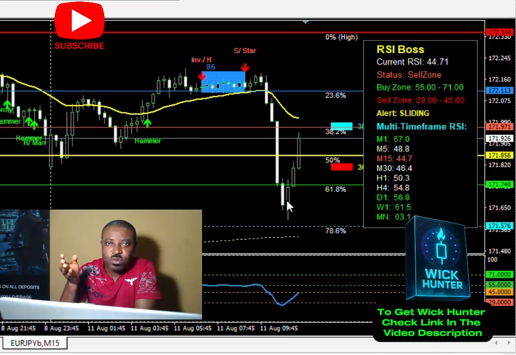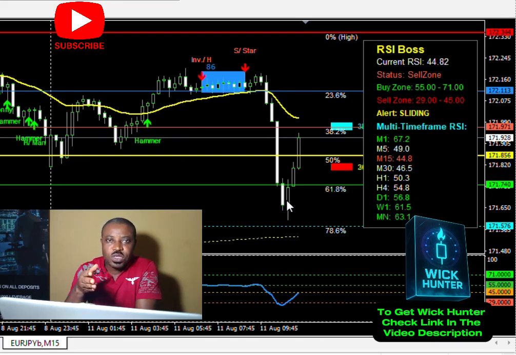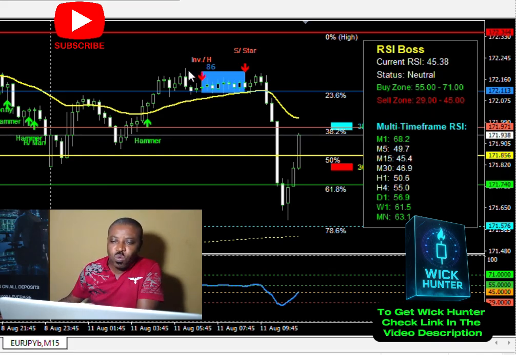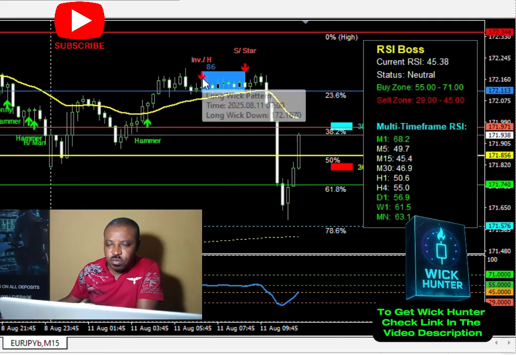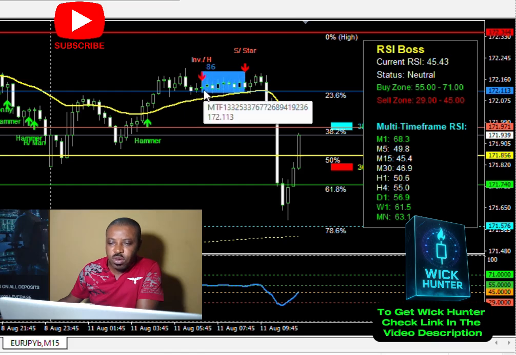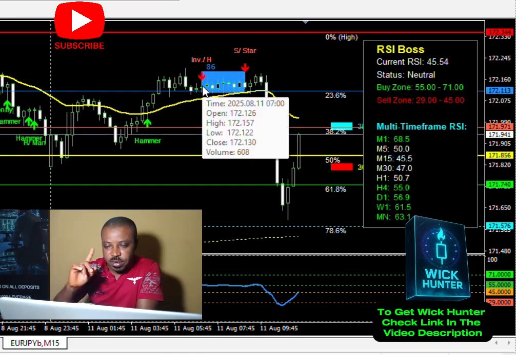So that is how you use the Wick Hunter indicator and how you place your trade based on what you see. You see the candle, you see the arrow, and you see the name of the arrow, of the candle rather.